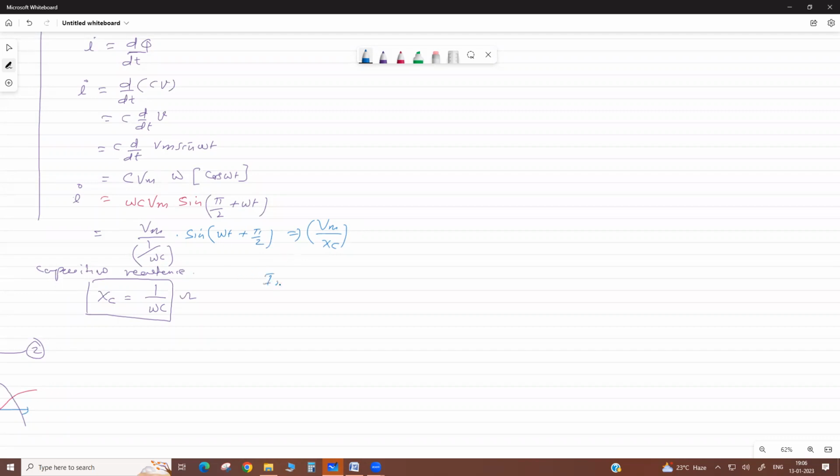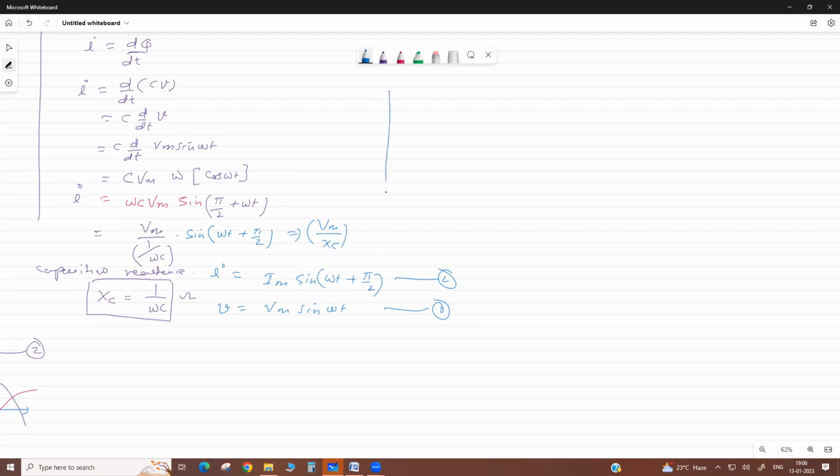It means Im, so I equals Im sin of omega t plus pi by 2. If we compare these two equations with the voltage, Vm sin omega t, this current is leading.